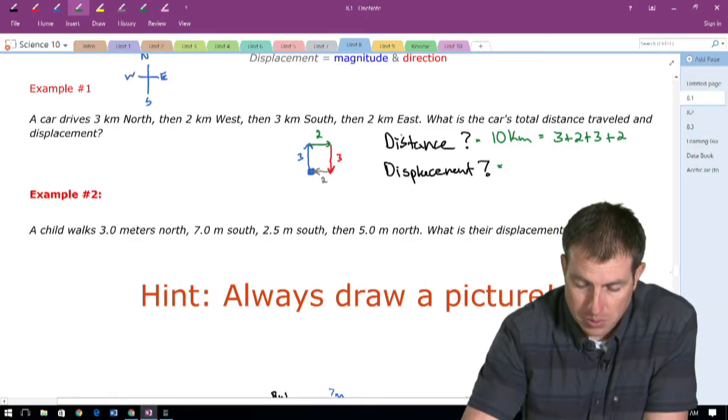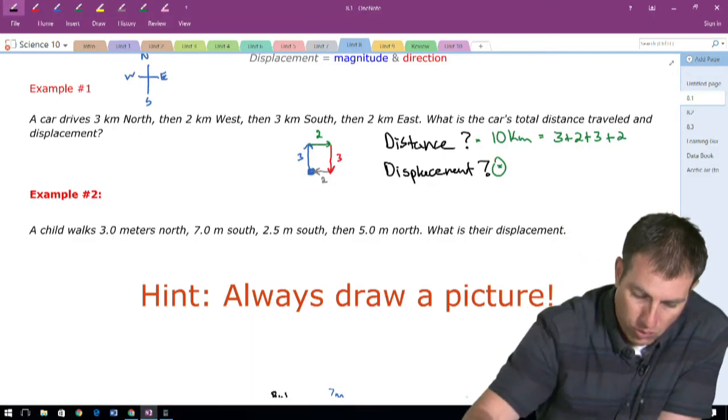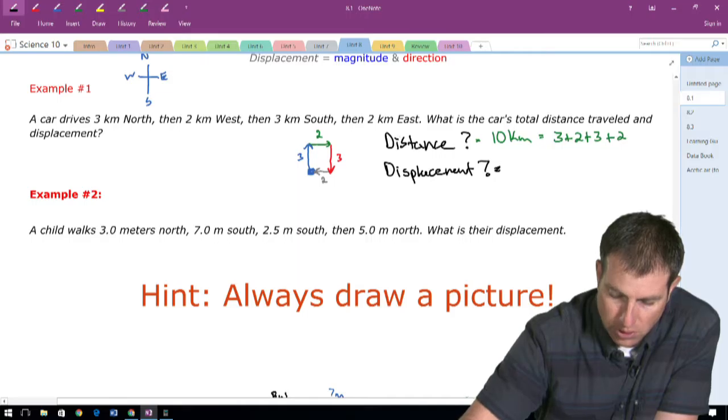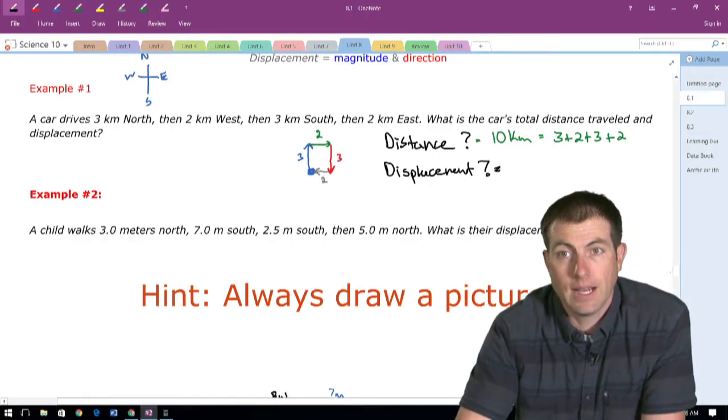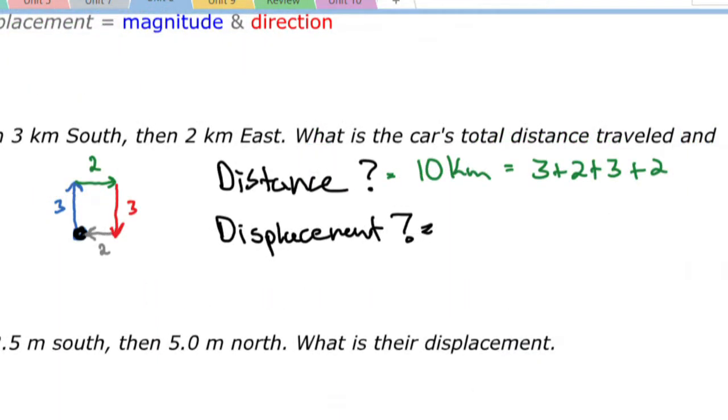And then the displacement is a little bit different. The displacement is how far am I from where I started. I start and end at the exact same spot, this spot here. So Josh is exactly right. At 0 kilometers is my displacement. I am exactly where I started.